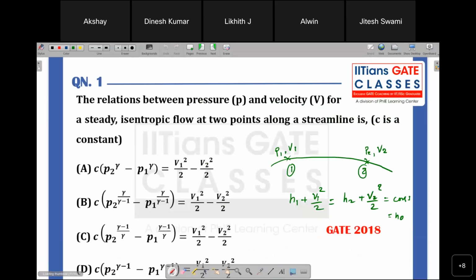So if I look back at the given options, which of these options is correct now? This is what we arrived at: P1 to the power of gamma minus 1 by gamma, which is equal to V1 square by 2 minus V2 square by 2. Option C should be correct, right?